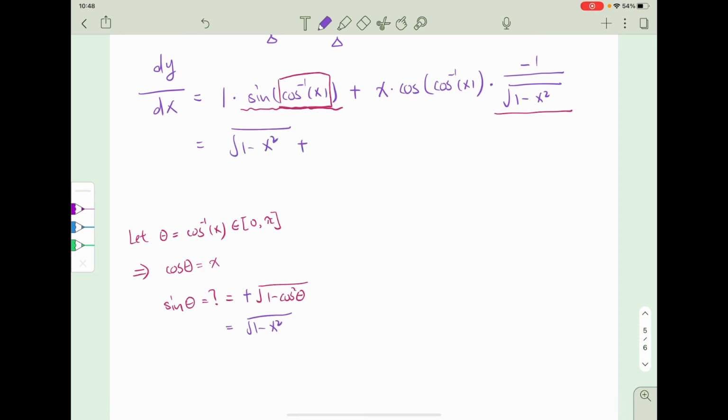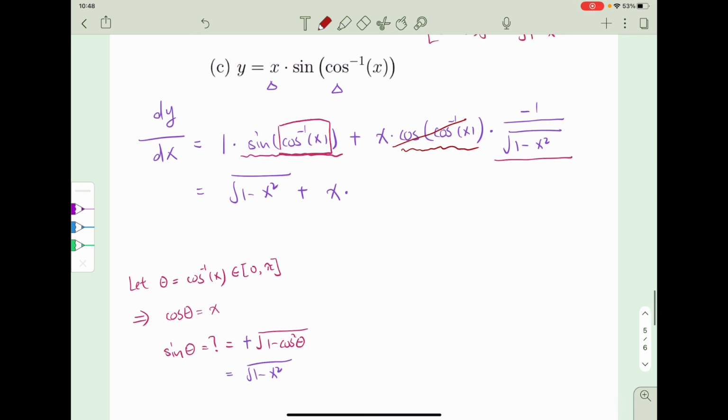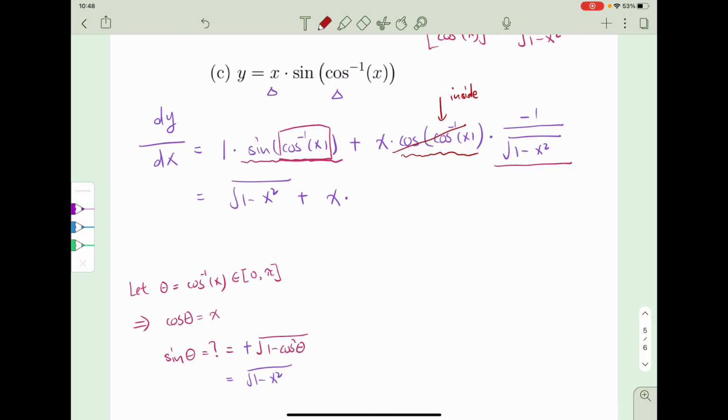And for our second term, this x is here. We have mentioned that when the inverse function is on the inside, it is different from when it is on the outside. When it is on the outside, we need to do a little more work.